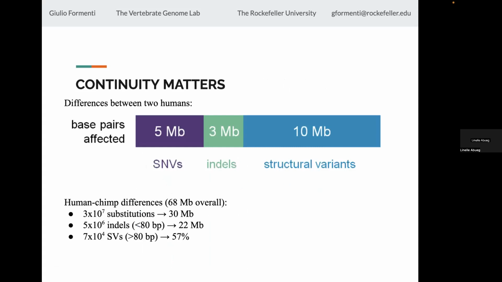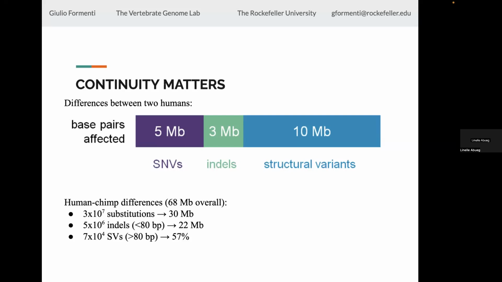And just to give you some idea, if you take any 2 humans, you have more or less 5 megabases distinguishing me from Olivier, for instance, that are single nucleotide variants, so point mutations. But then you have 3 megabases of indels, short repeats, very short repeats like triplets or homopolymers that are also distinguishing me from Olivier. But then if you look at structural variants in terms of the number of bases that are affected, we're talking about 10 megabases.